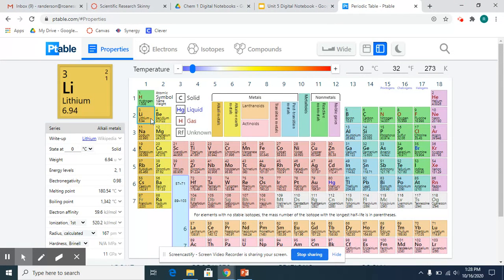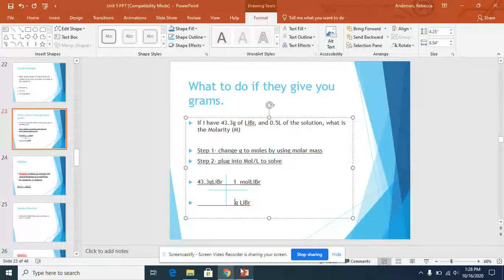Let me pull up my calculator. So Li is 6.94 plus Br, which is 79.9, 86.84. So then we'll do the math.